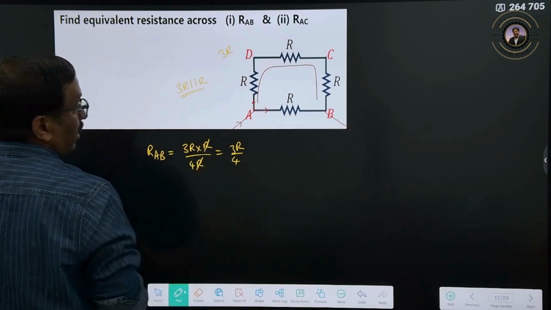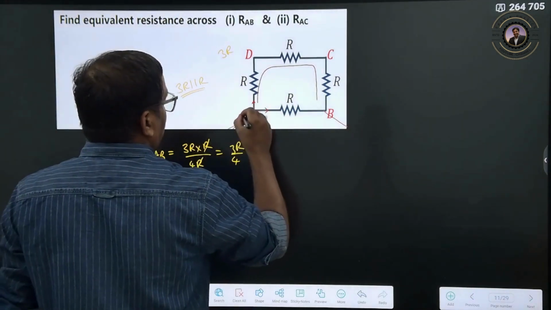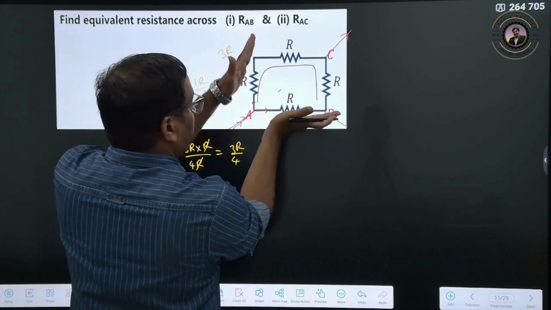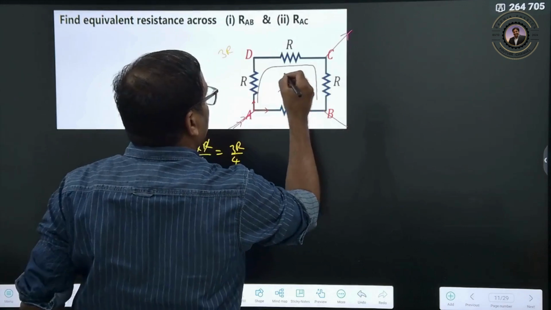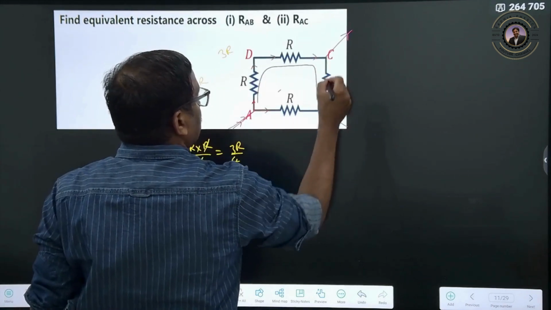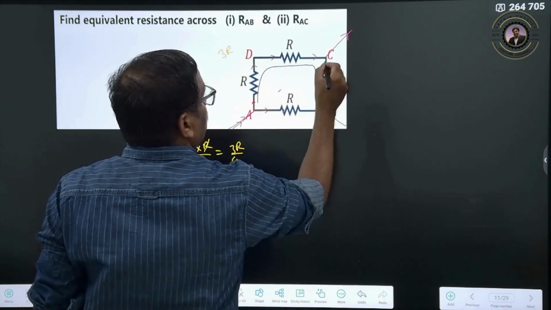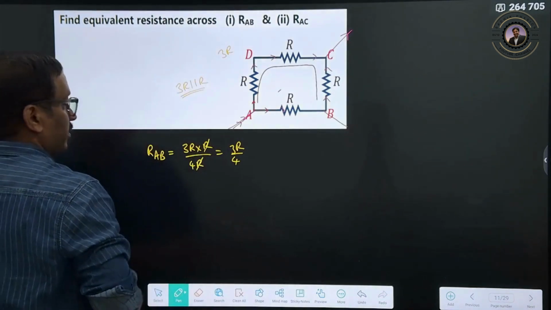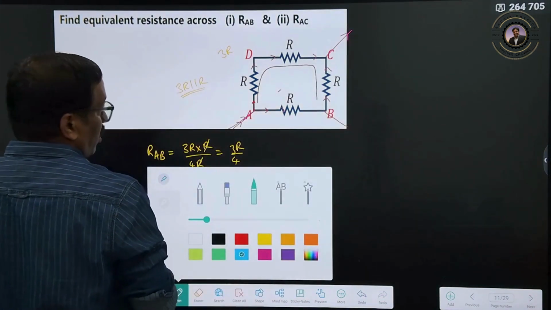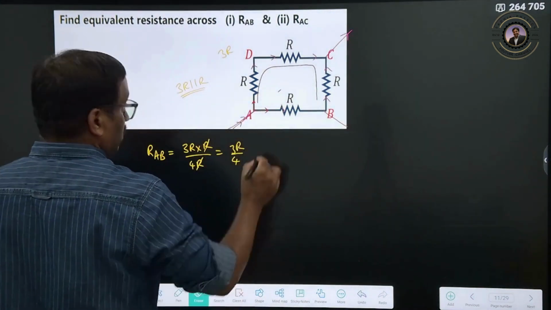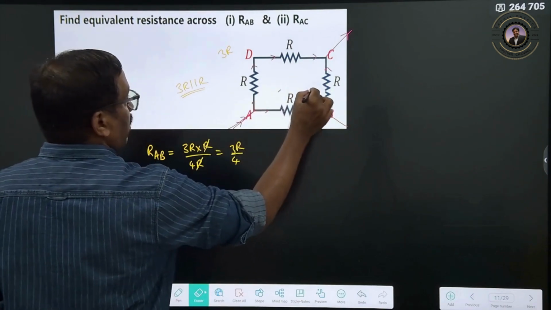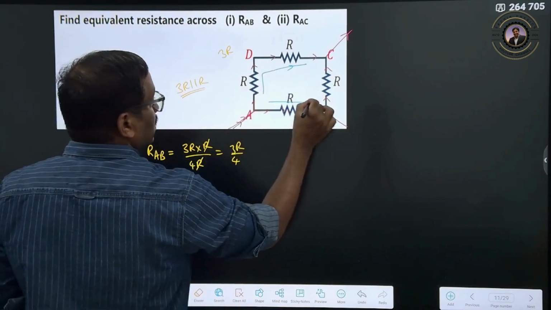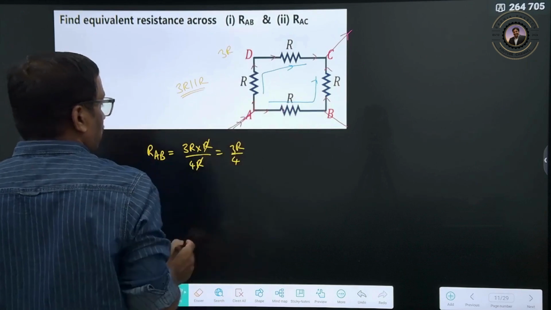Now we want to calculate across AC, therefore across this. If you come here, the current will get divided and goes like this, like this, like this. So these two are going to combine here, therefore RAC. Clear? So in this part, these two are in series and these two are in parallel.